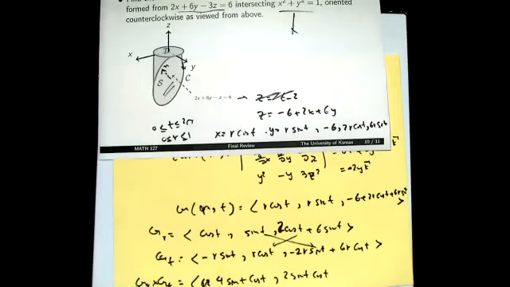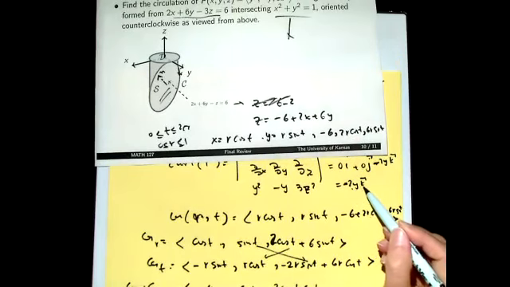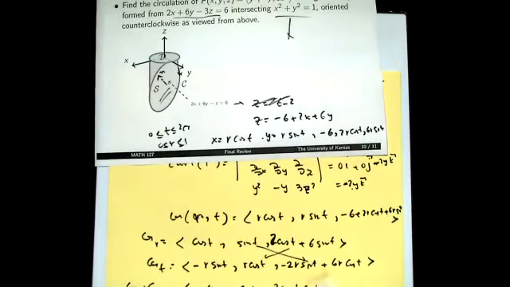Who cares what this is? You know why? Because curl doesn't have an x or y component. So it's something, and that one is something else. Why? Because curl just has a y component.